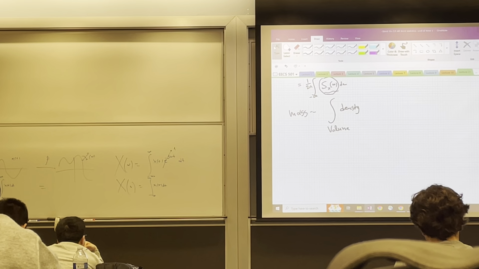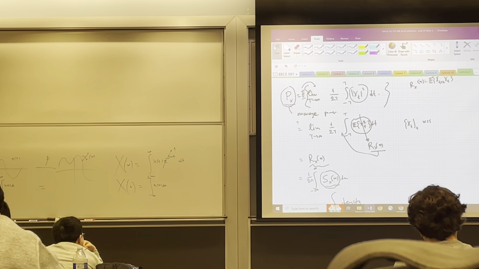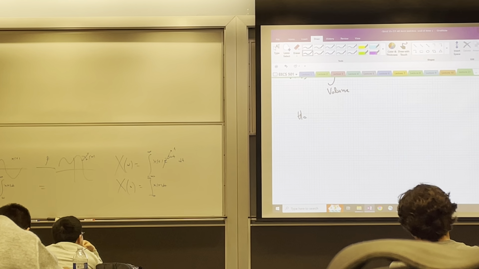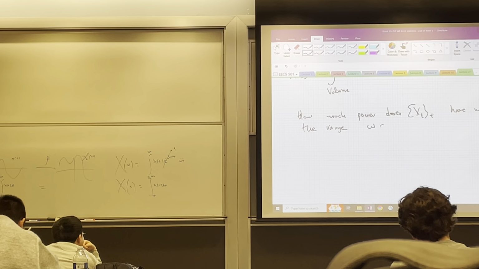One might add the following. What if I want to find the power of my signal x of t, or my random process x of t, that is contained within a specific range of frequencies? So, how much power does x of t have in the range omega in, let's say, omega 1 to omega 2?